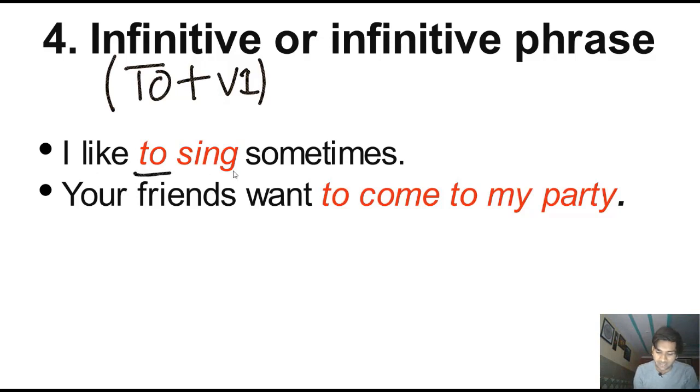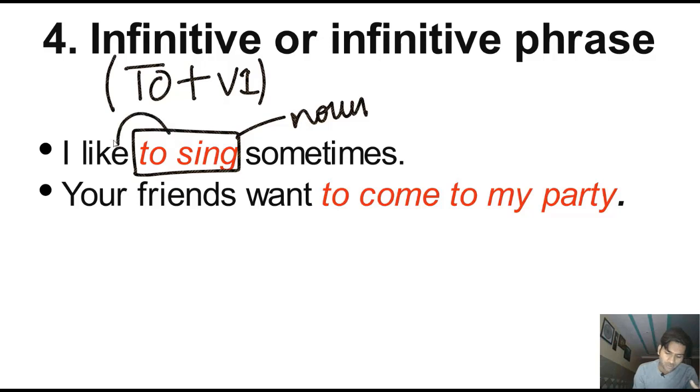If I just say I like sometimes or just I like, it does not make any sense. It looks incomplete, weird, right? Now, it needs its object, its complement, which is to sing. I like what? To sing. So to sing is working as a noun here, right? Object of the verb like, all right?